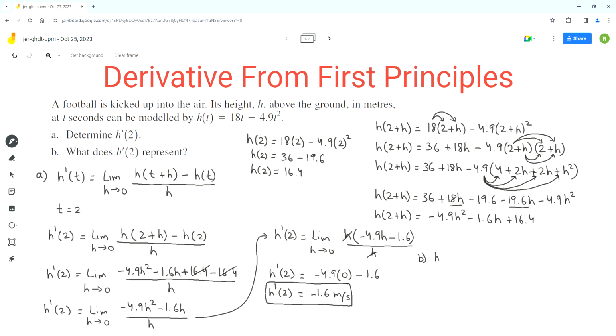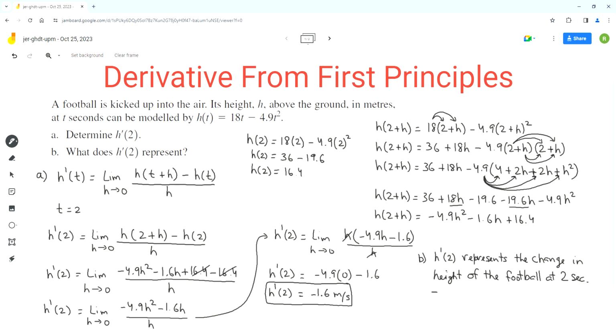So h'(2) represents the change in height of the football at 2 seconds.